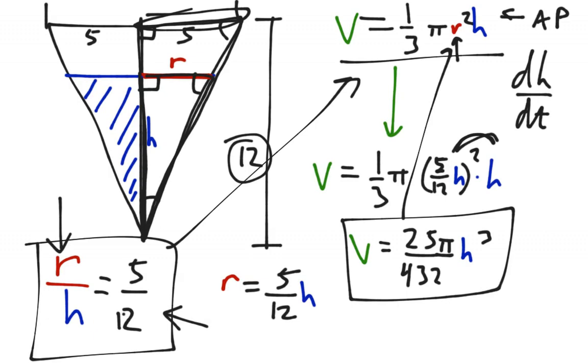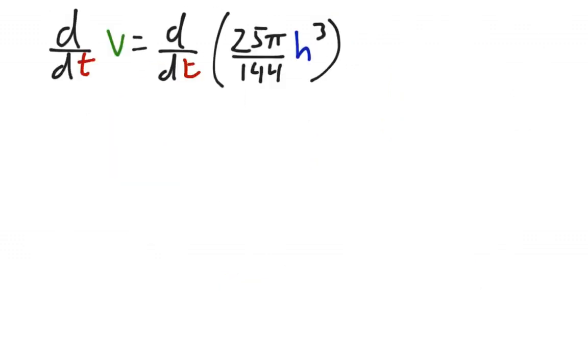In fact, we won't have to do anything like the product rule here. So let's go on to the next step, which is to take the time derivative of this thing. Derivative of both sides. The left side is simply dV dt, which is very nice because there's nothing else going on there. And then the right side, we're going to use the power rule, and actually that number was a 432. So we're going to bring down the 3.